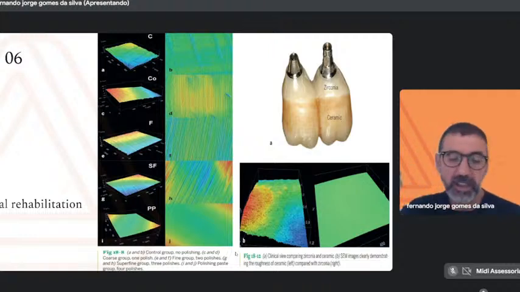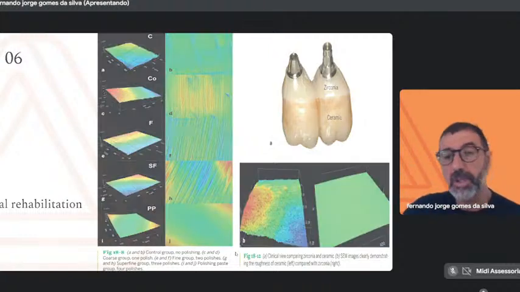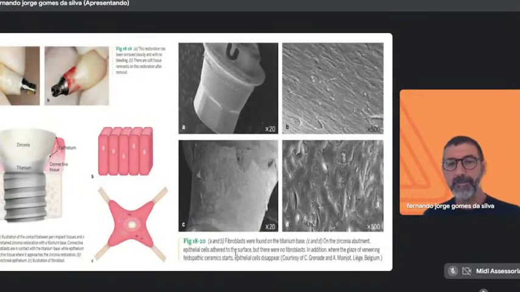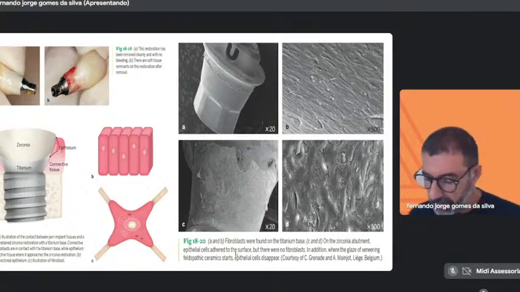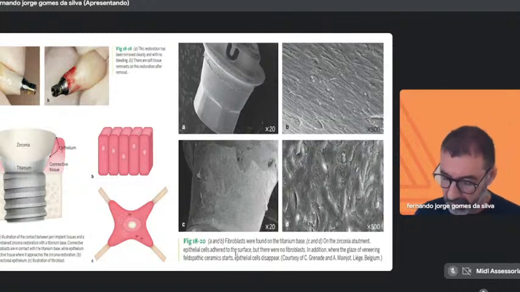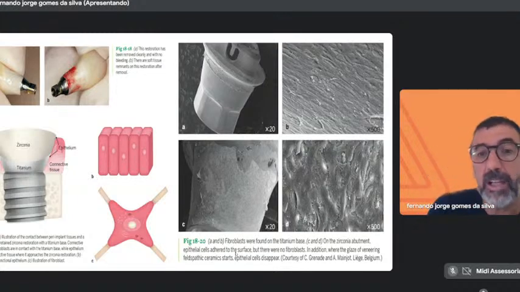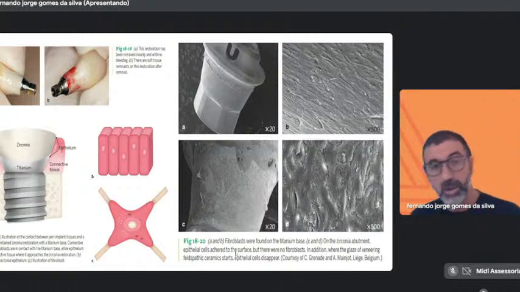This kind of technique will give us a very good adhesion to the zirconia surface of the epithelial cells and the fibroblasts, leaving this space, the biologic space, well closed.